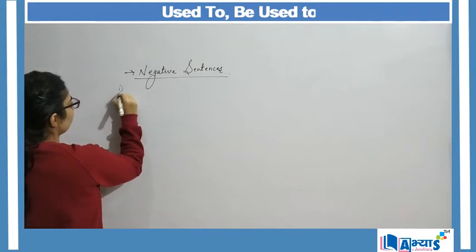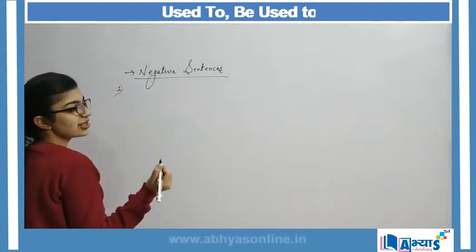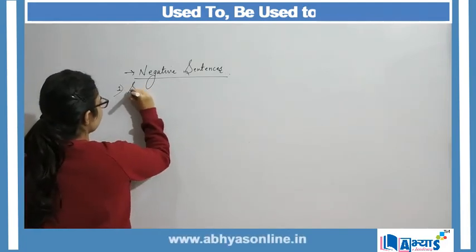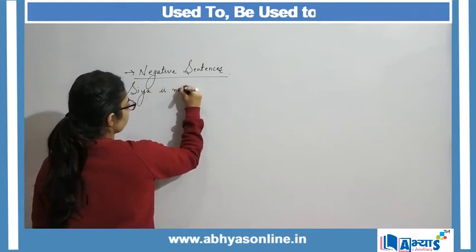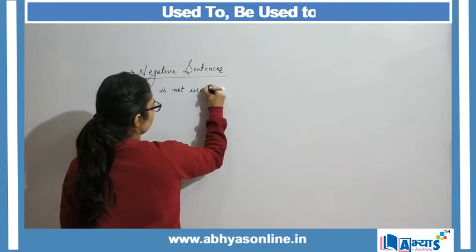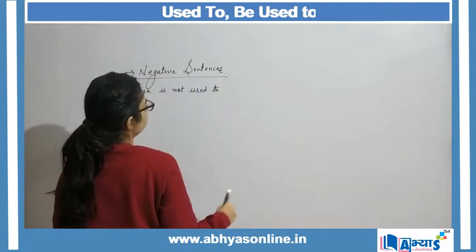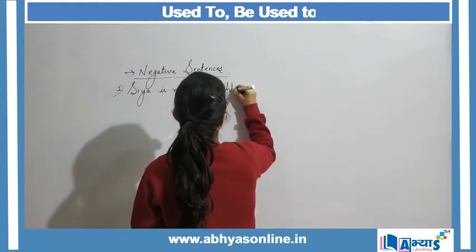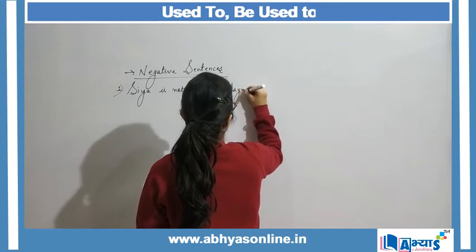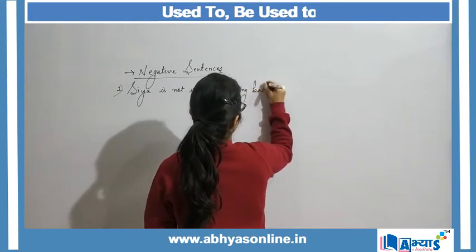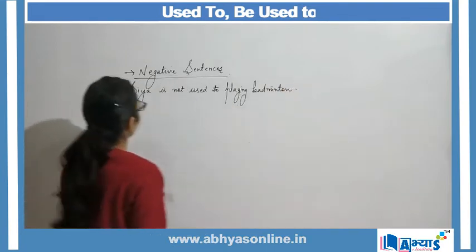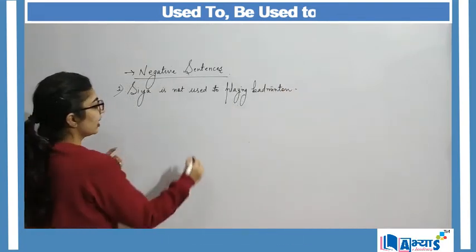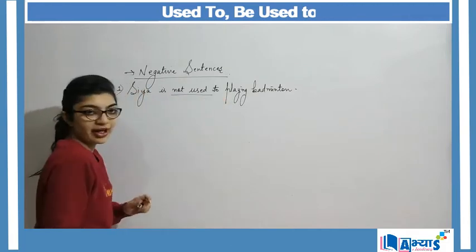So another negative sentence is that Sia is not used to playing badminton. Sia is not used to playing badminton, right?